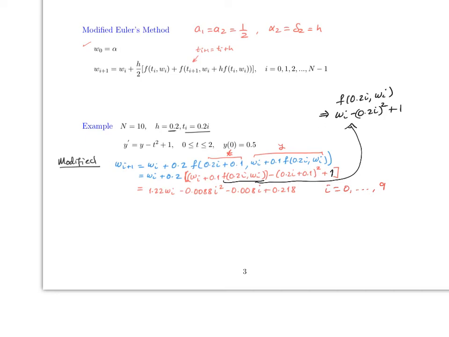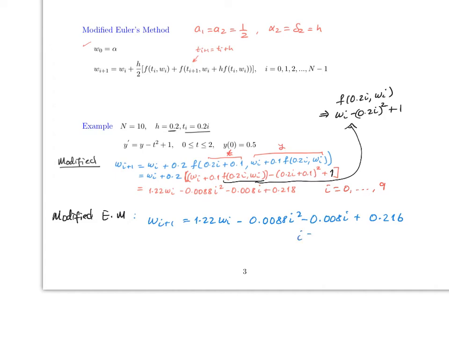If you do the same thing for the modified Euler's method, you will get the following: w i plus 1 equals 1.22 w i minus 0.0088 i squared minus 0.008i plus 0.216.